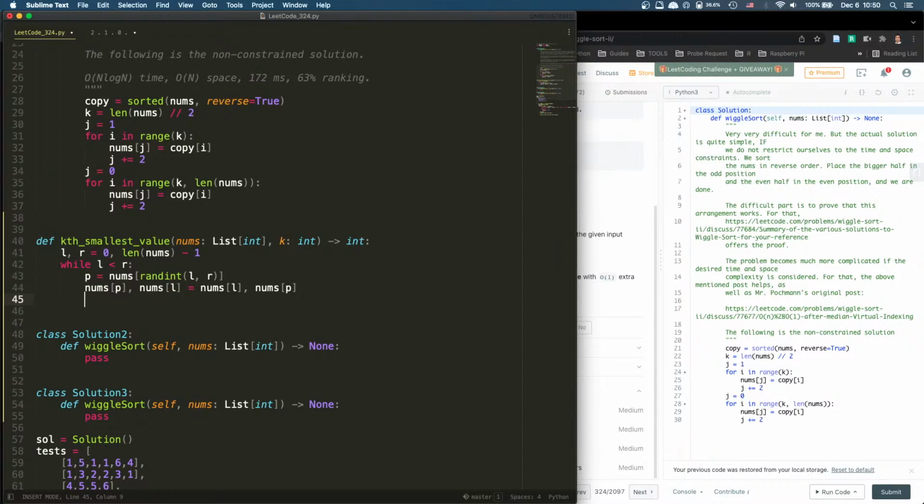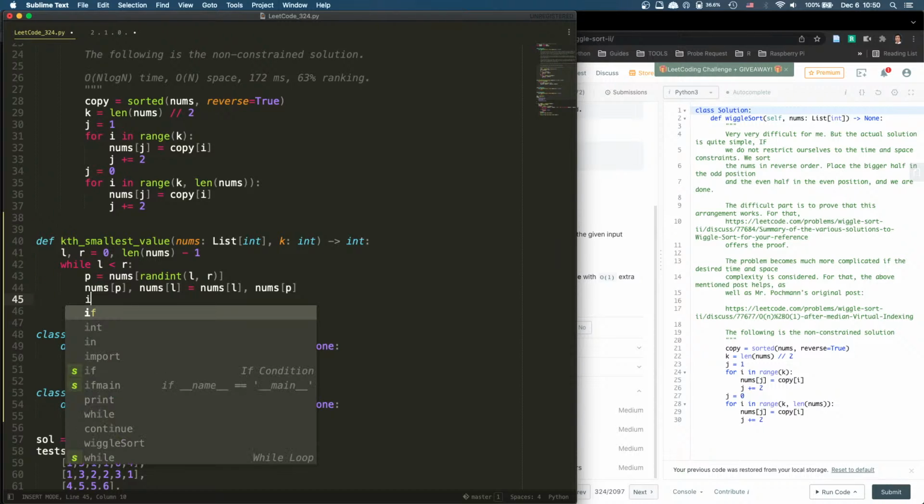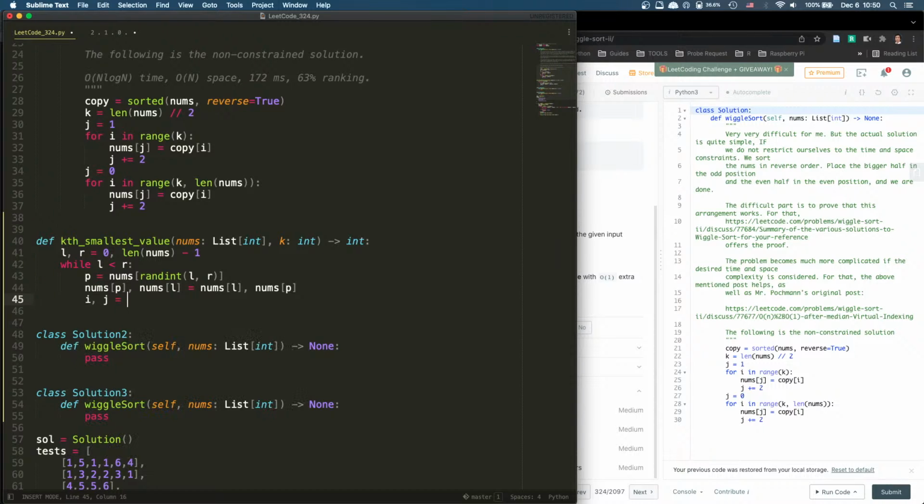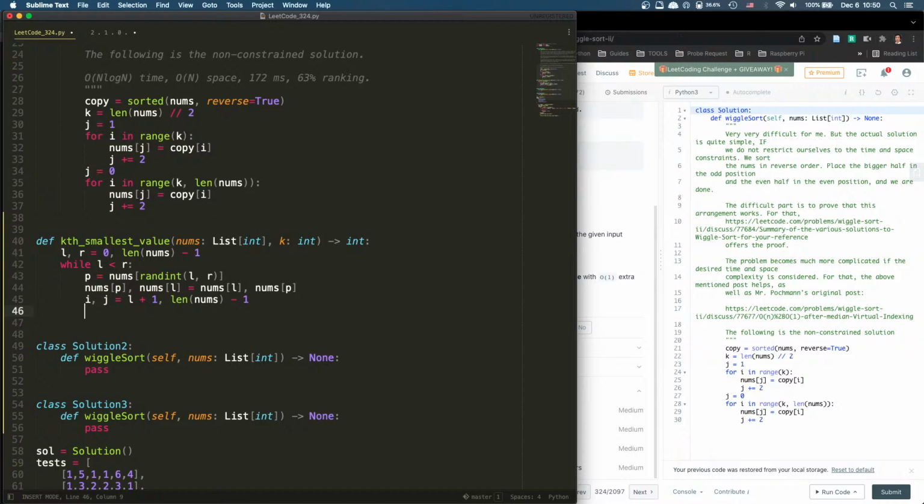So now we're going to have 2 pointers, say I and J, right? I is going to start with L, and J is going to start with len nums - 1, right? And then we're going to go through the entire thing and do the swap.